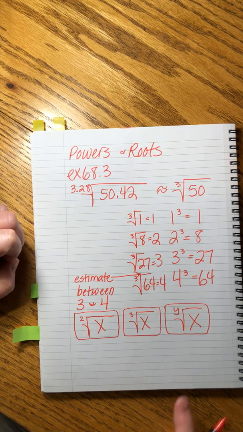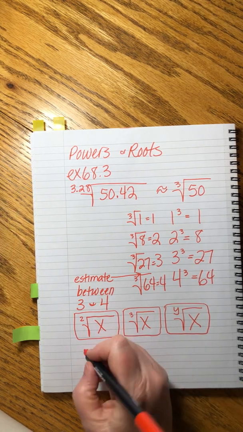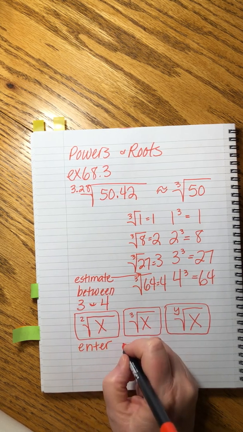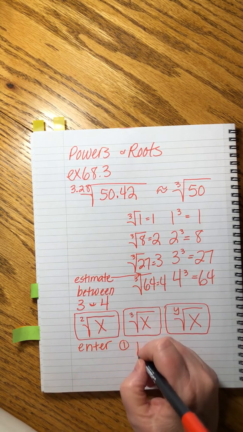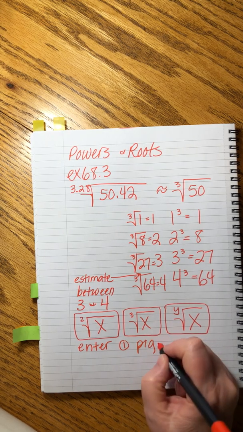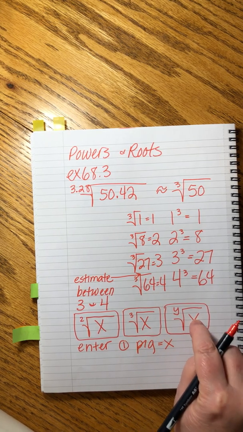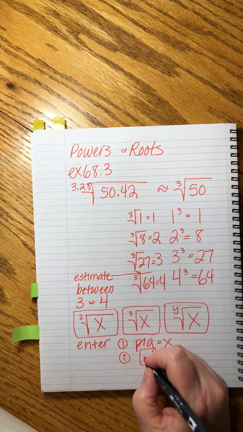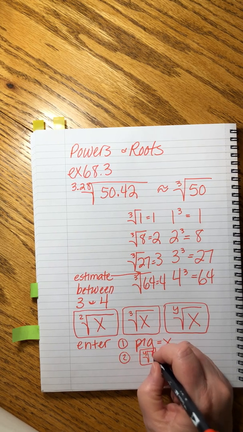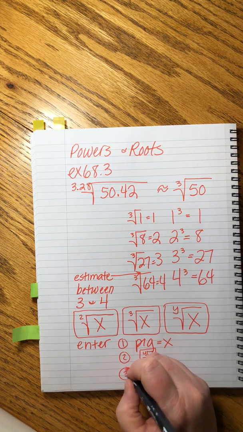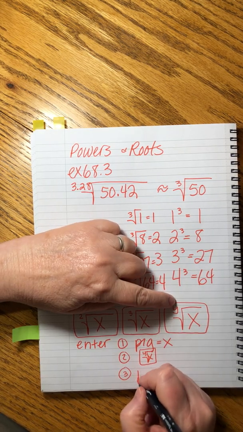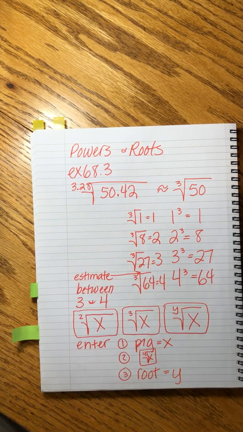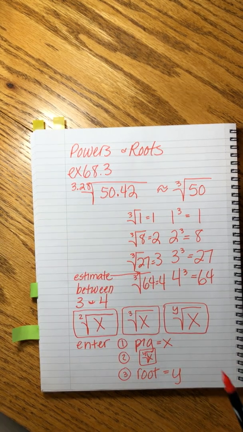So the way that works is you enter first the big number, which is equal to X, the number on the inside. Then you hit that button. Then you hit the root number, which is equal to Y in this picture. So that's how the calculator does it.